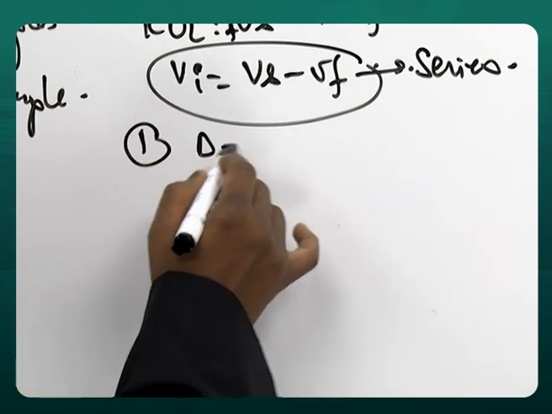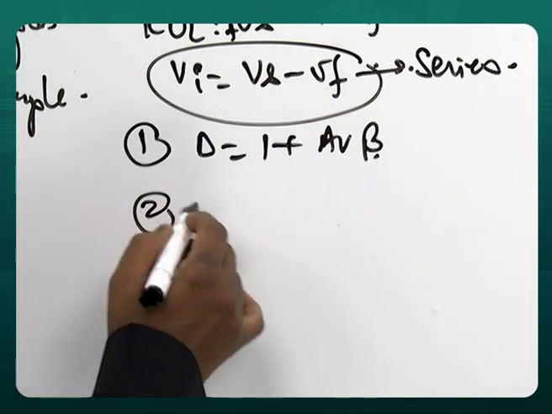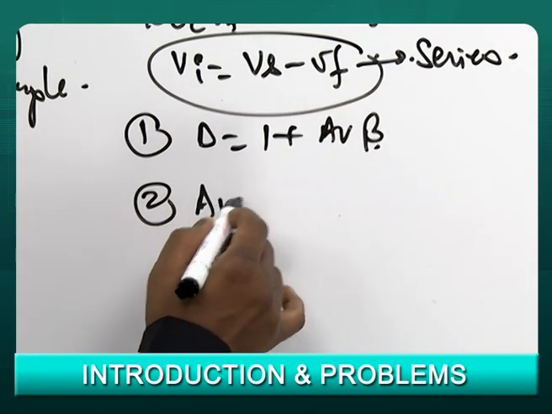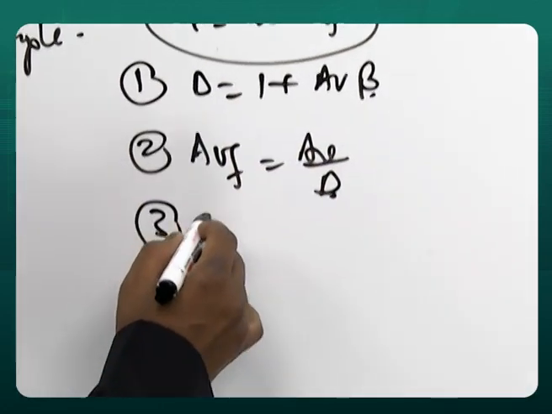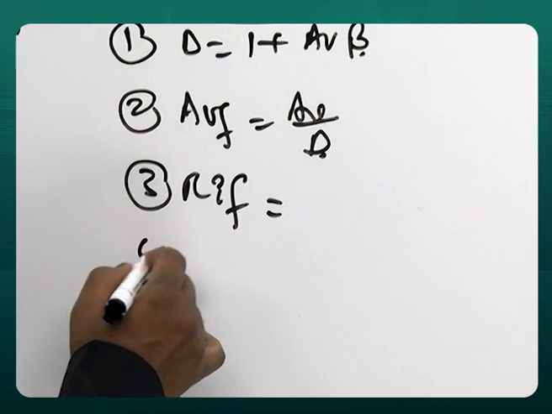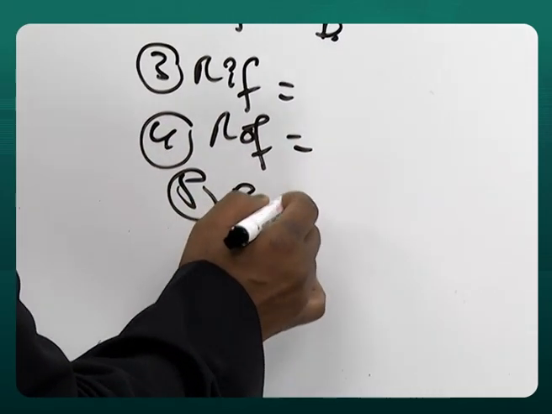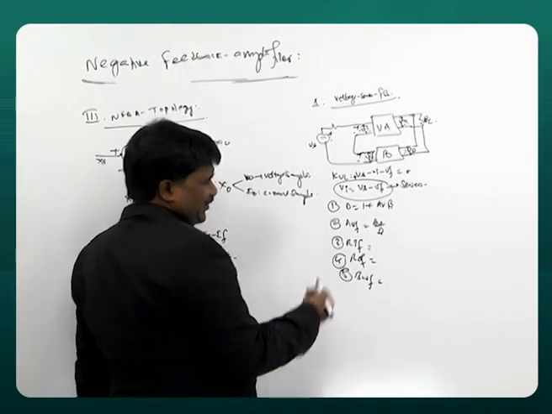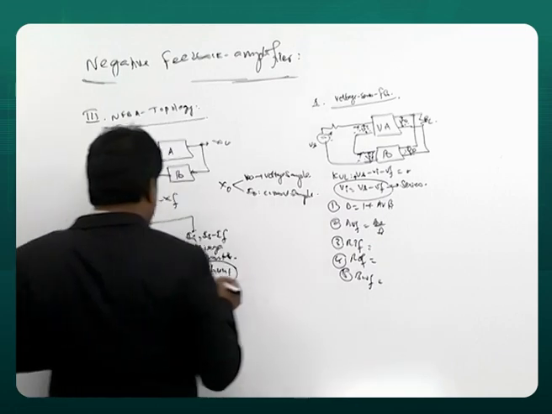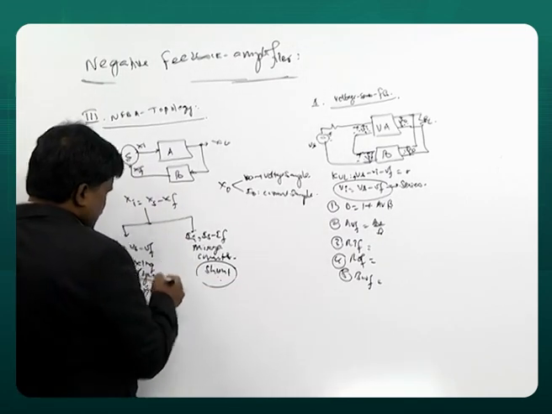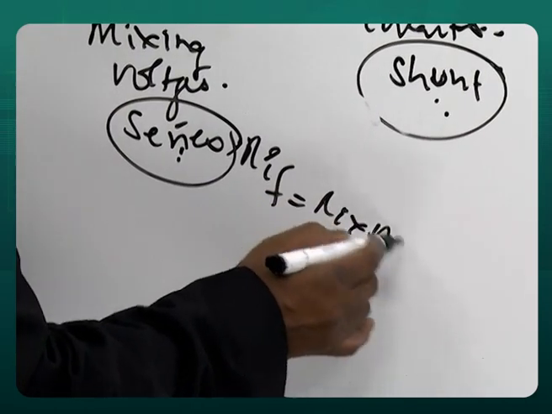First point is D, the sensitivity factor. Second point is AVF, AV by D. Third point is RIF, R0F, bandwidth. Everything is with feedback. What is RIF here? When we say series, RIF is multiplied.